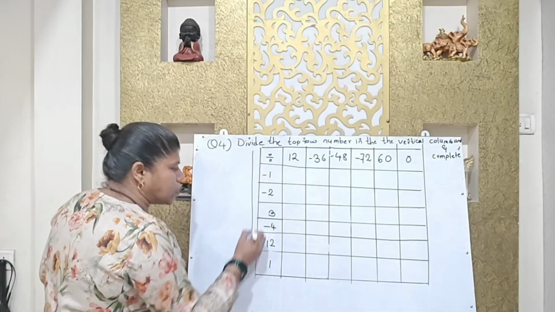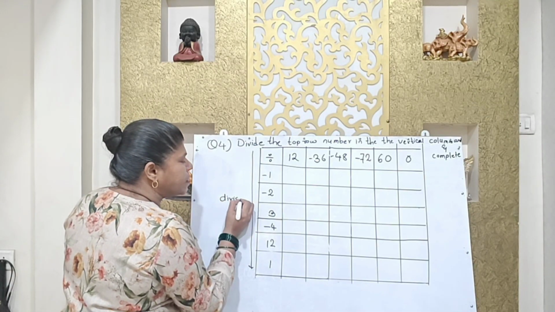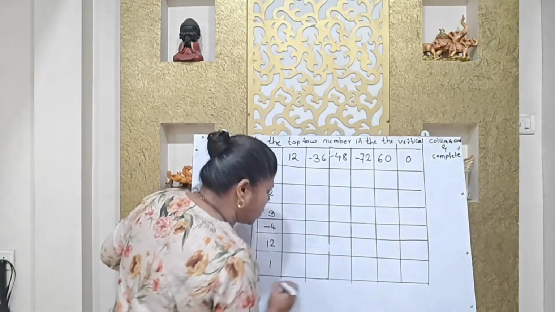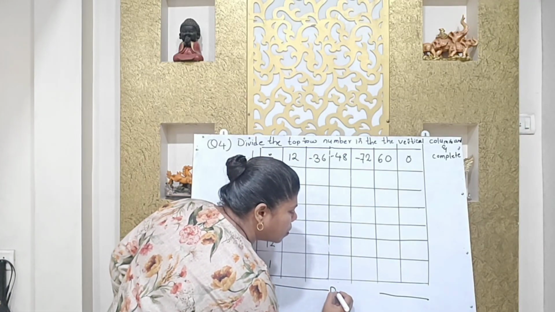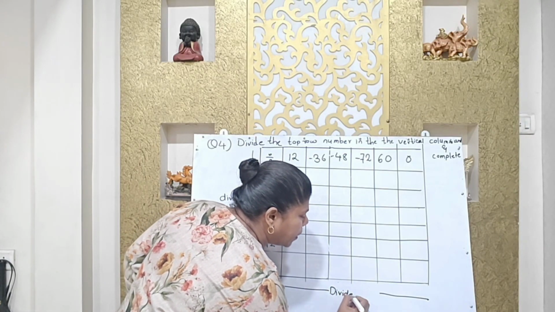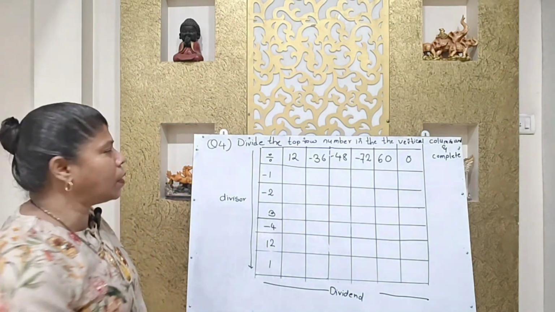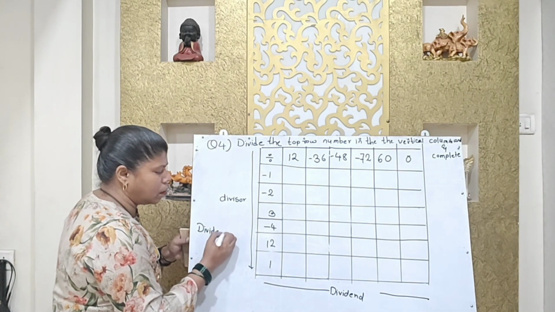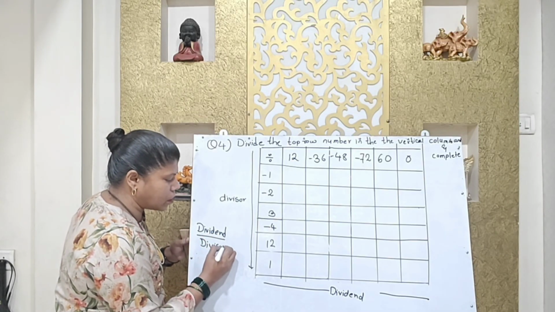All these numbers are divisors, and all these numbers are dividends. Okay, so what we do, you know the formula: dividend divided by divisor.